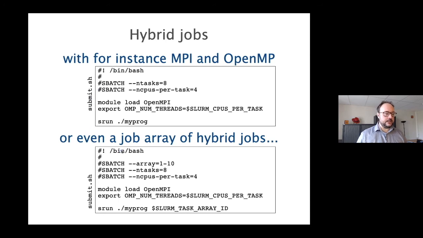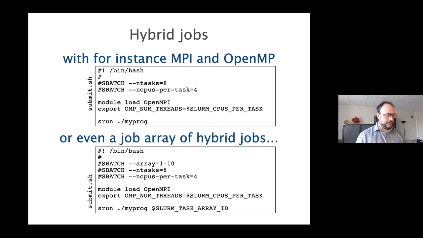And you can start a job array of hybrid jobs if you simply add the job array option here. So you can combine all the elements we've seen. There are specific use cases, but you can combine the use cases simply by collecting all the parameters specific to your use case and putting them all together.